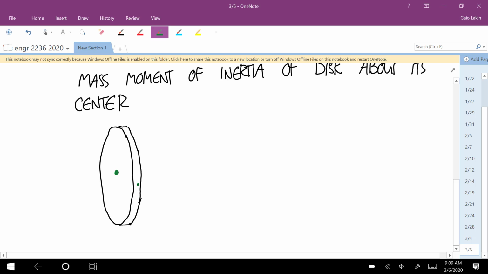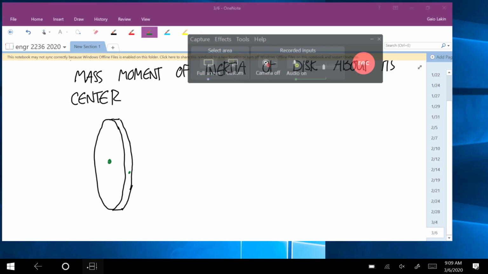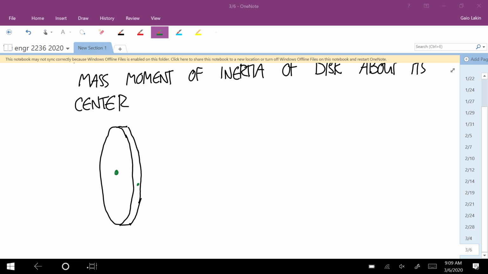For example, the one that I'm going to do first is a rotation of this disk about this axis. Let's call that the z-axis.